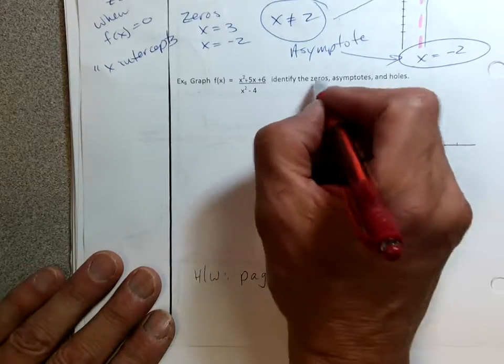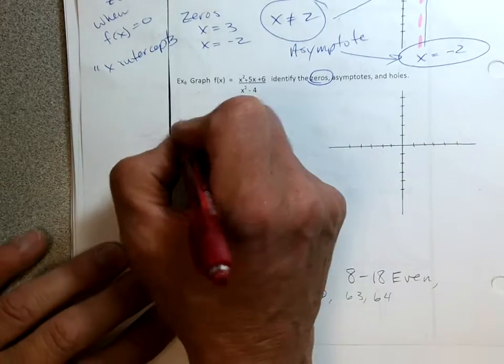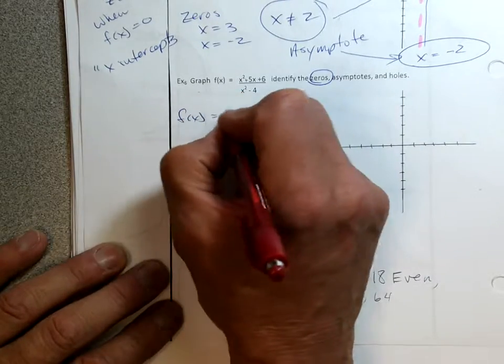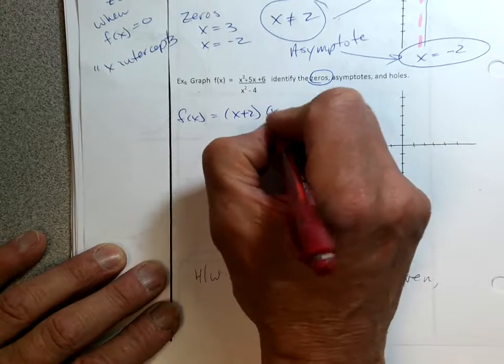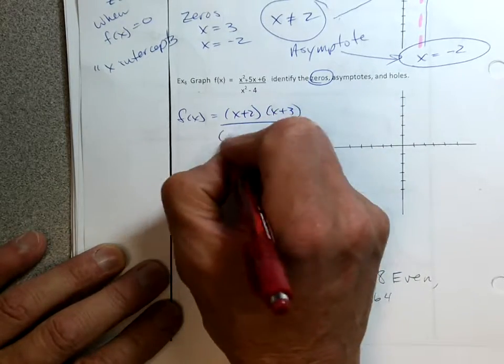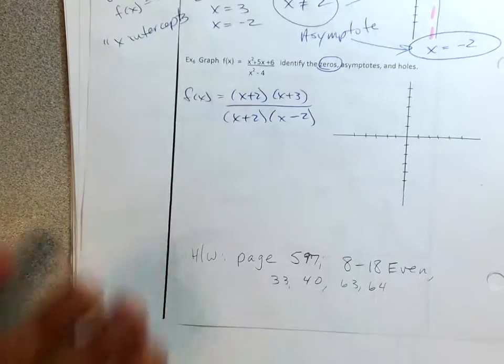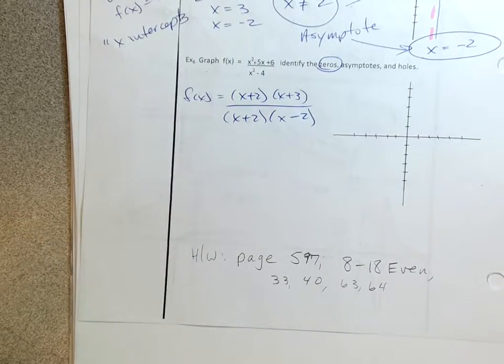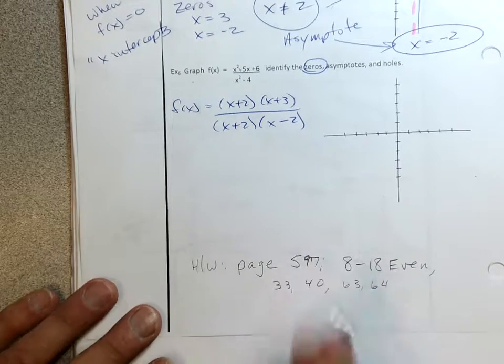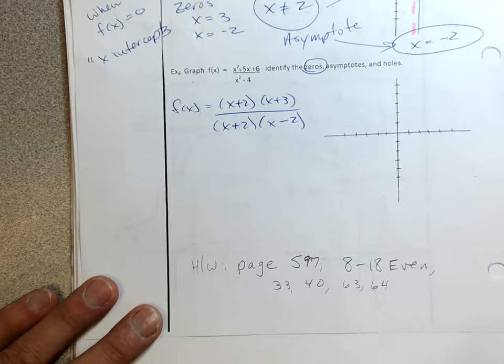Okay, number 6. So first of all, zeros. Let's factor if we do anything. So I have f of x equals (x plus 2)(x plus 3) over (x plus 2)(x minus 2). Okay? What's the first thing you're going to want to do?